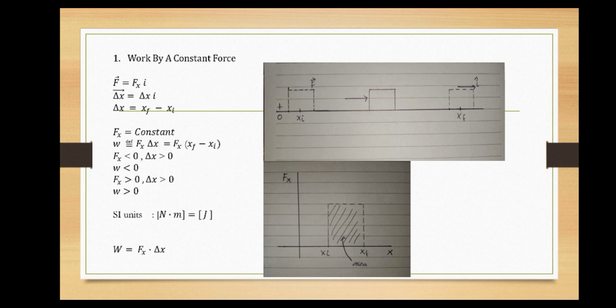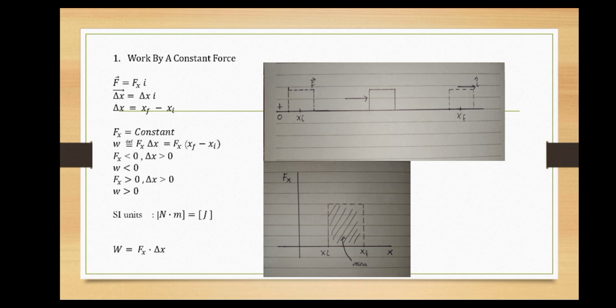For the case where Fx is constant, the definition of work done by the force in moving the object from the initial position to the final position is the product of the force Fx times the displacement, equal to Fx times (xf minus xi). This is the definition for the case where the force is constant.